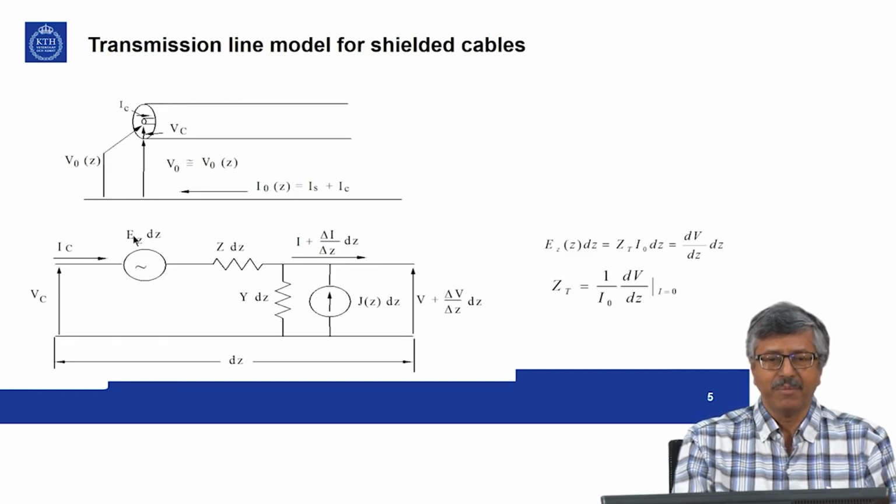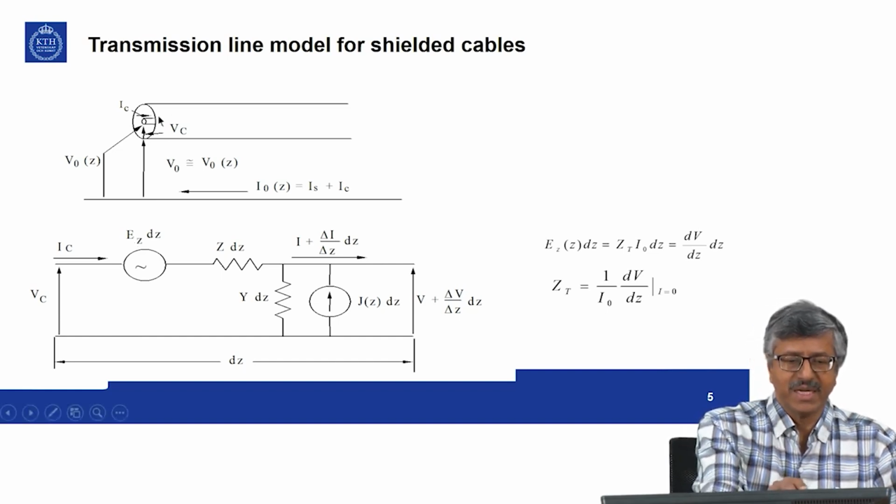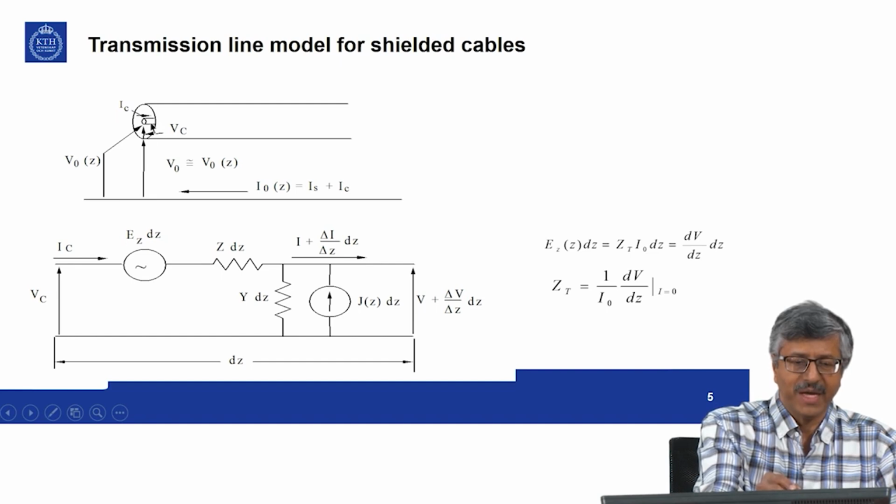Now, how do we develop a transmission line model for shielded cables? So, imagine a shielded conductor. What we are interested in is, in response to flow of a current on the cable shield, what will be the voltage developed across the inner conductor and the shield.